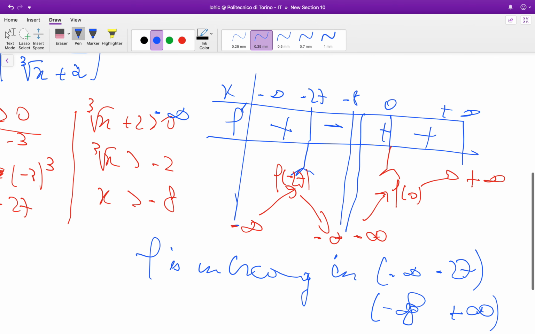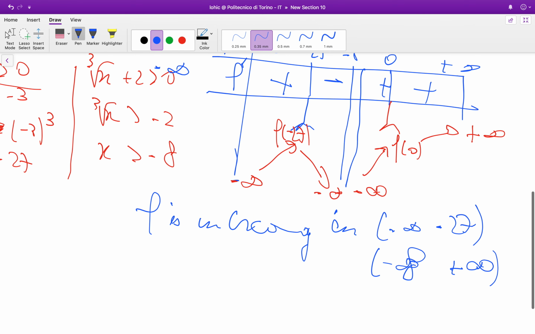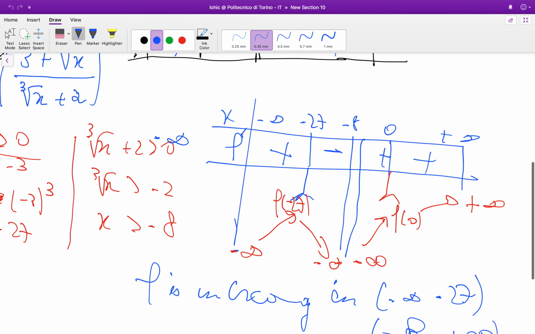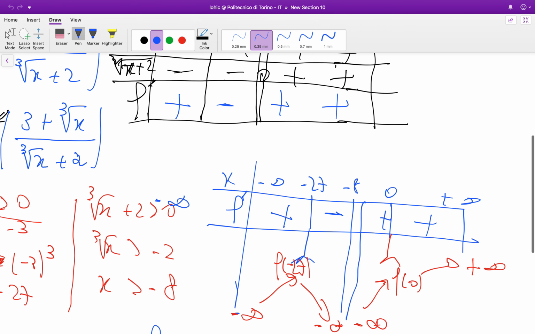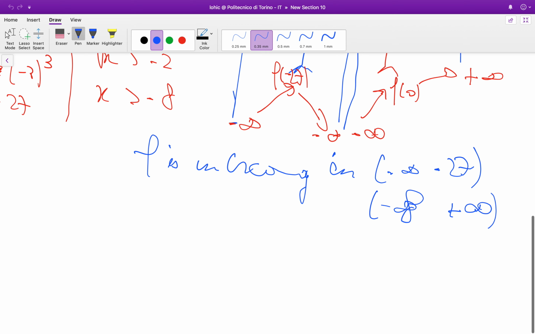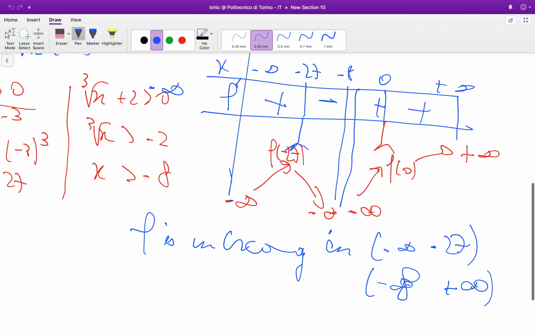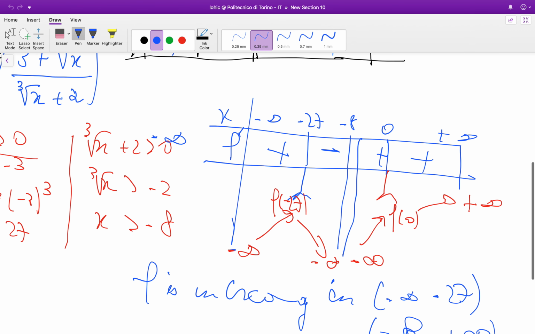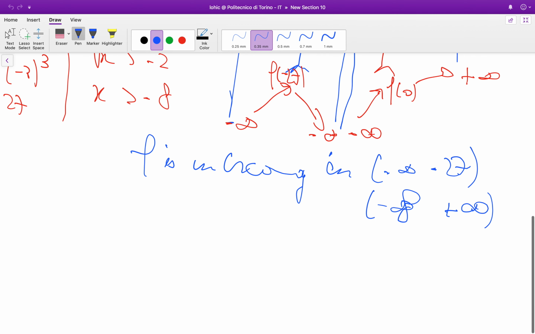Because here I can combine the intervals since it is continually increasing. If you are not confident, you can say from minus 8 to 0 and then from 0 to plus infinity, no problem. Then it is decreasing just in the interval from minus 27 to minus 8.